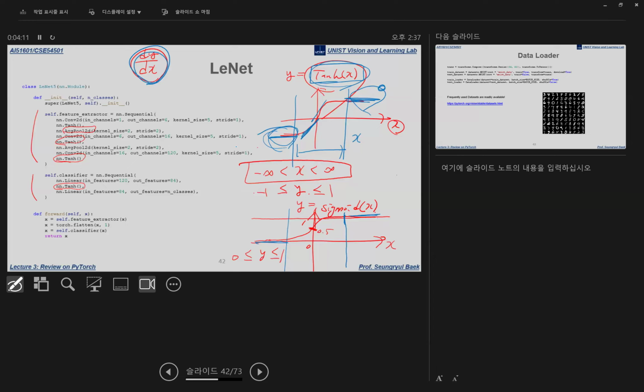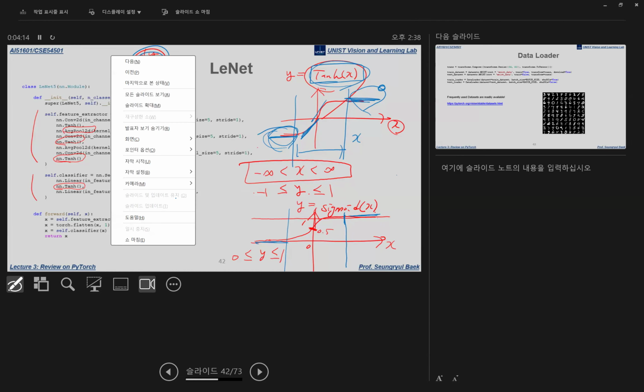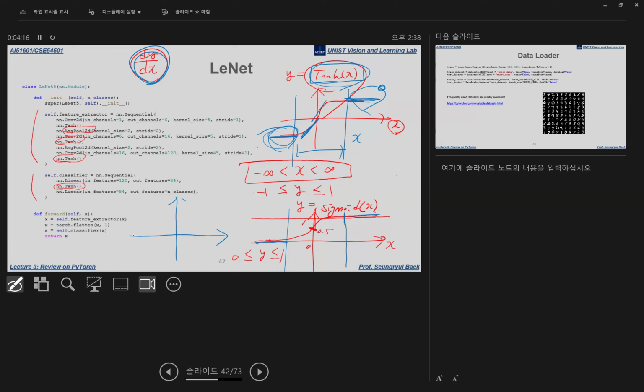So one good thing about the ReLU function is that, even though there is a discontinuity at this point, having exactly 0 might be rare in neural networks.